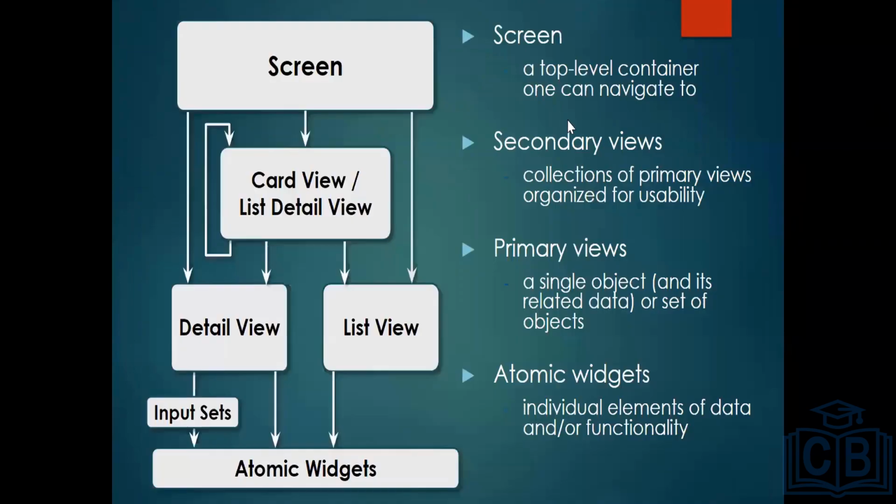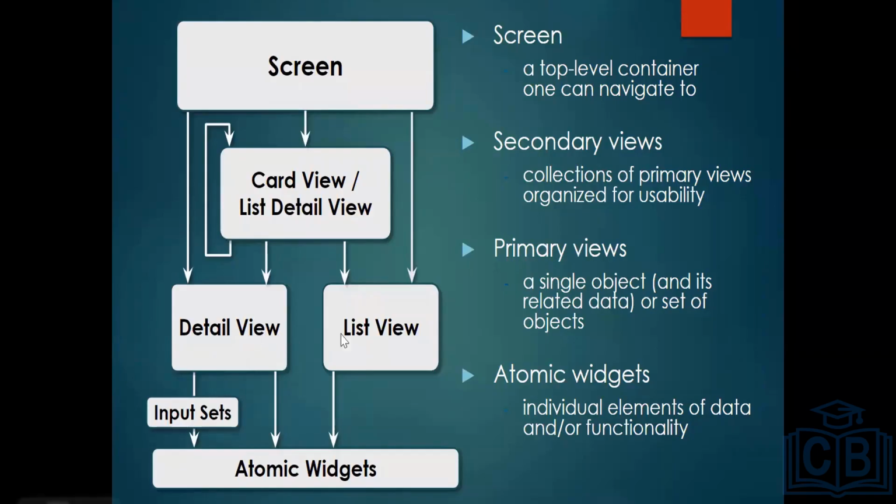If you can take a screenshot of this screen, because this is very useful, this will summarize everything about the PCF, how it can be referred. What is the hierarchy? Atomic widgets can be added directly to the input sets. It can be added directly to the detail. It can be added directly to the list view.